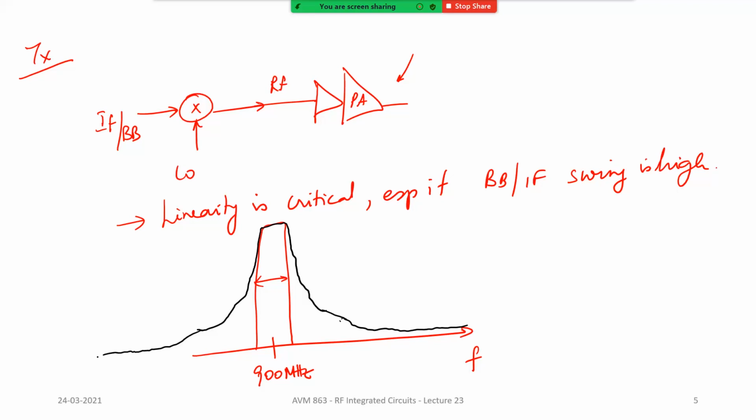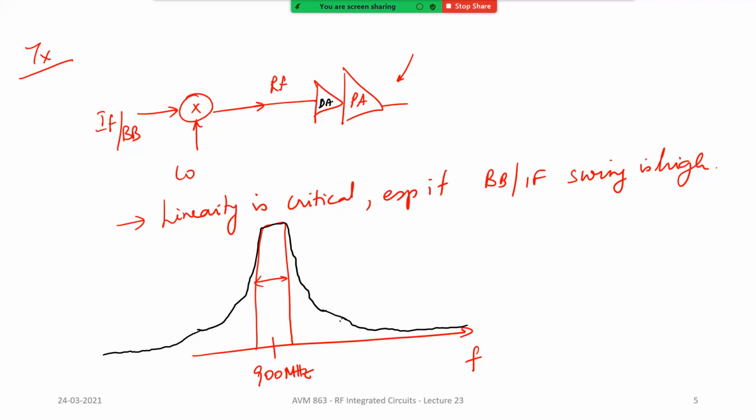There will be a certain finite amount of power. Now, where is this coming from? This is basically coming from noise. The noise gets fairly well amplified because you have mixer gain, and then the pre-power amplifier gain, or the driver stage, let's call it DA, driver amplifier, and then you have the power amplifier.